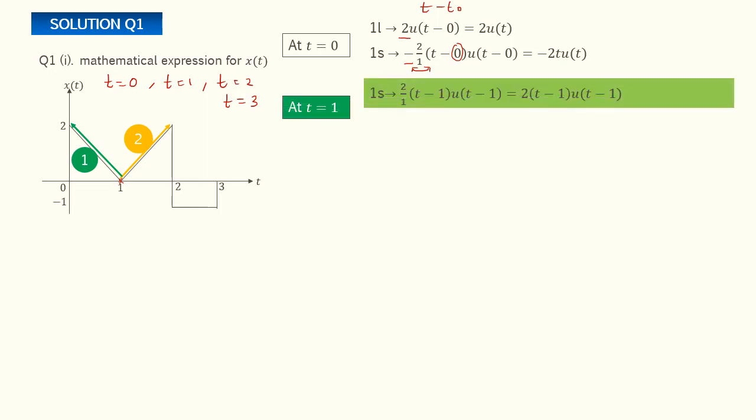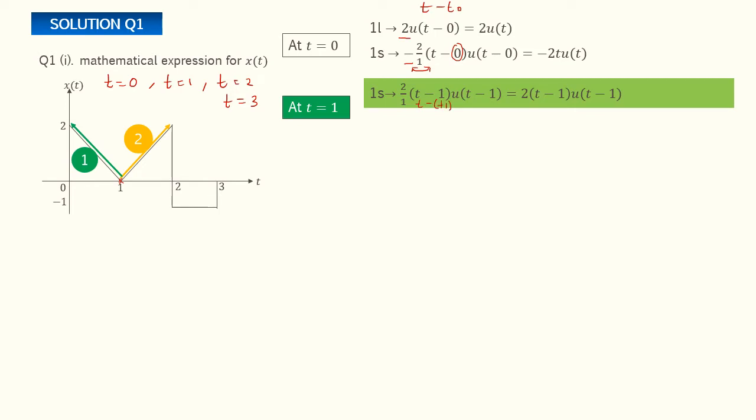You have the first slope, the green slope. It's pointing upward, so it's positive. And then this is the gradient, 2 over 1, and t minus t naught, where the line begins. The t naught in this case is positive 1. So t minus 1, u(t minus 1).